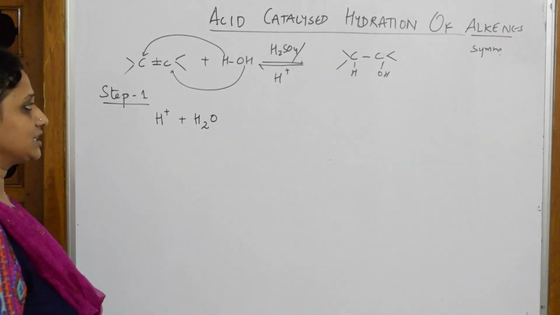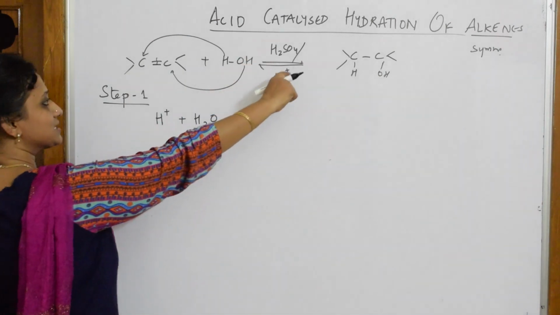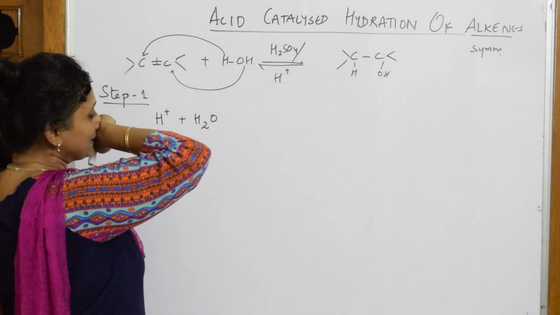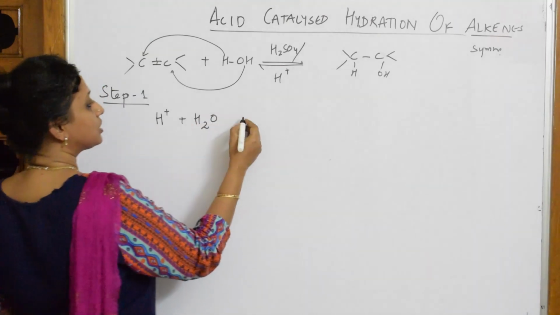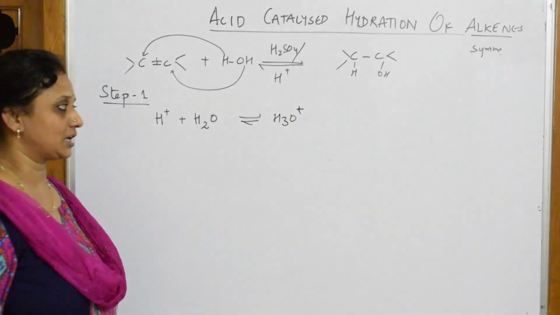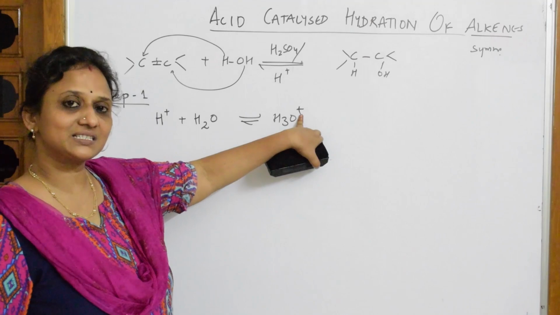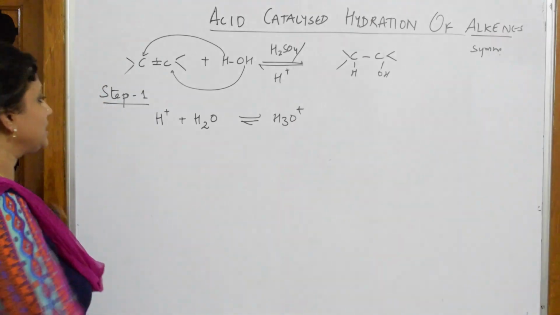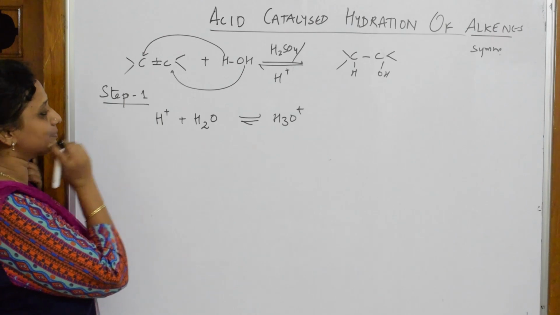When this H plus ion from the acid is broken into H plus and the other nucleophile, it will immediately combine with water forming an H3O plus ion. Now, this is an electrophile, correct? Yes, plus charge. Now this electrophile will go and attack your alkene. So the first step, what should I write?